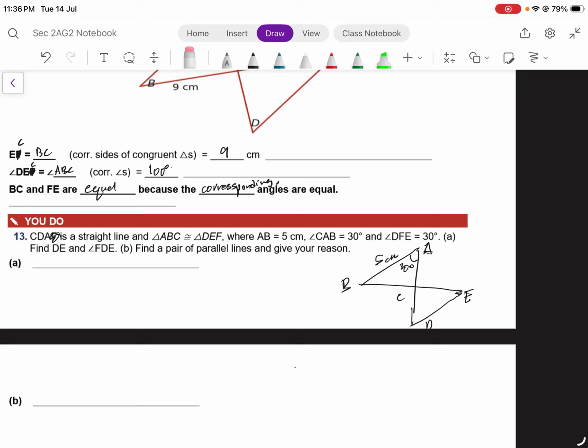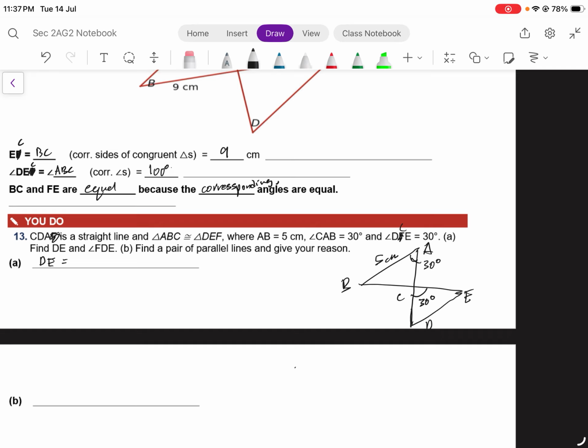Very sorry for the poor drawing and description. So this is 30 degrees. DCE is 30 degrees. Find DE.